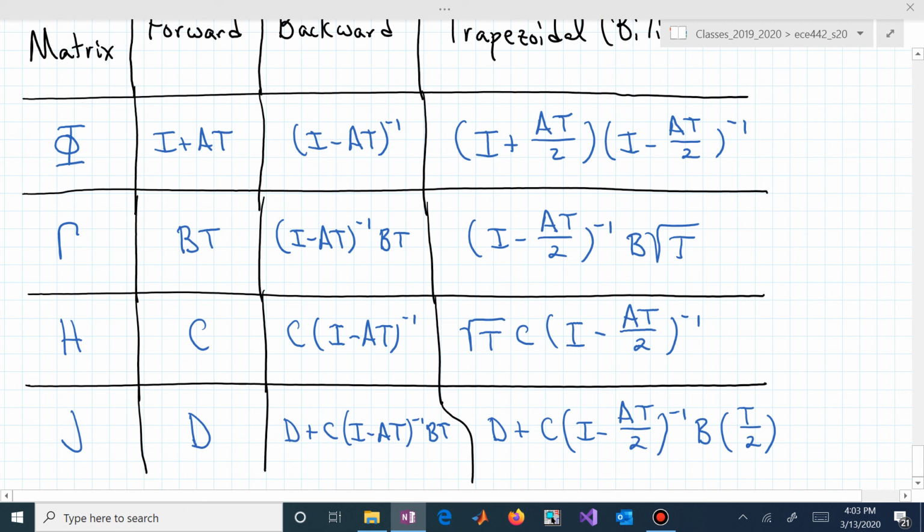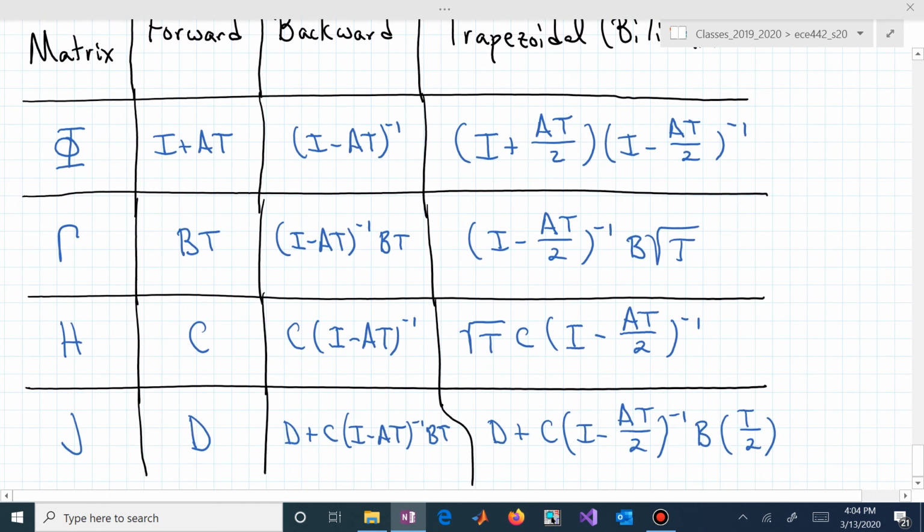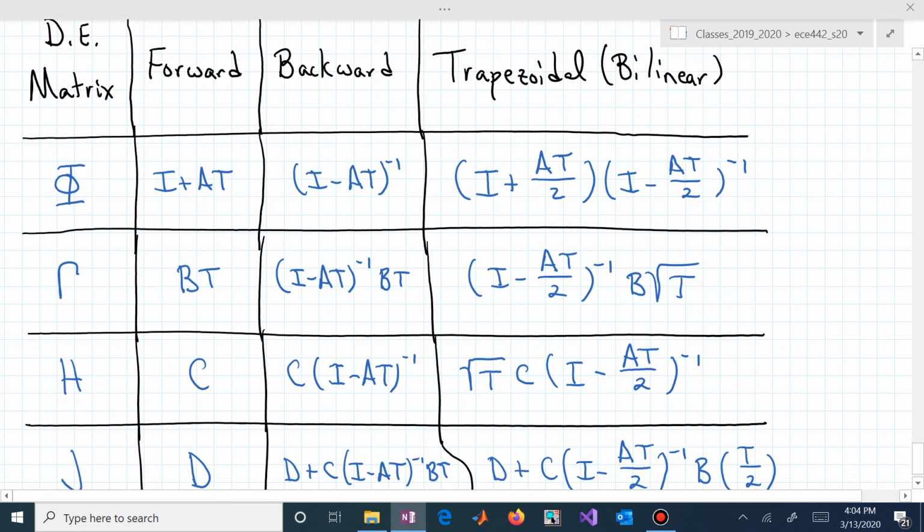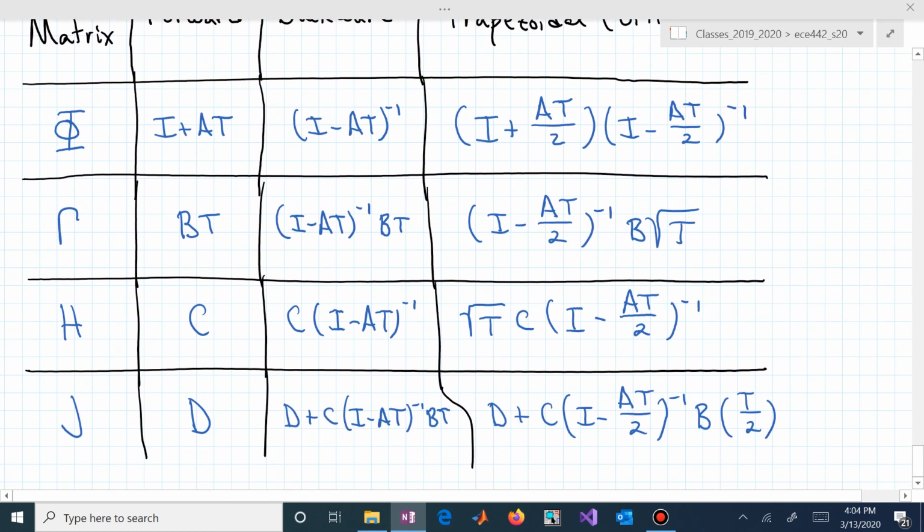We've now derived the second column and the third column, and it can be shown that the last column is the trapezoidal structure, which obviously is a little bit more involved with respect to the combinations of A, B, C, D, and T to produce phi, gamma, H, and J.